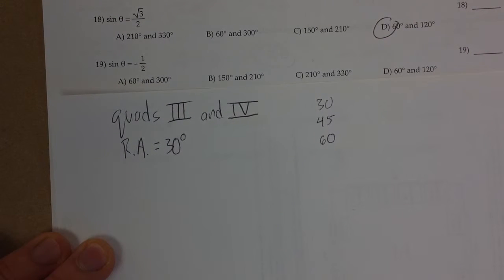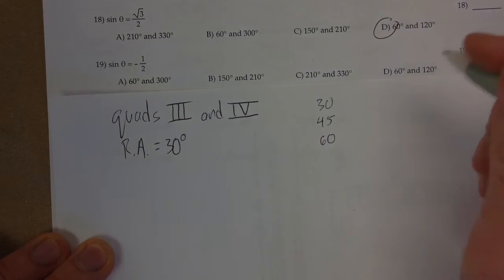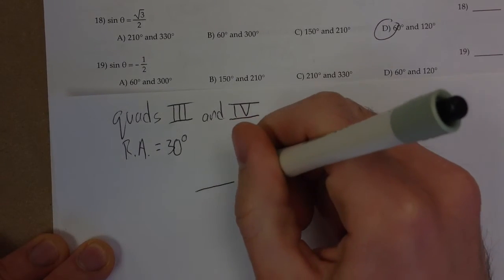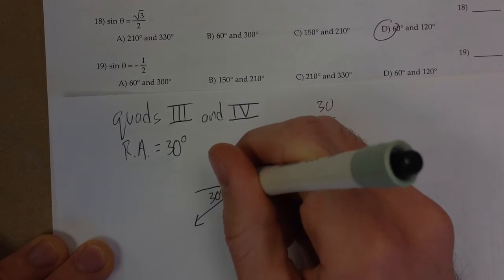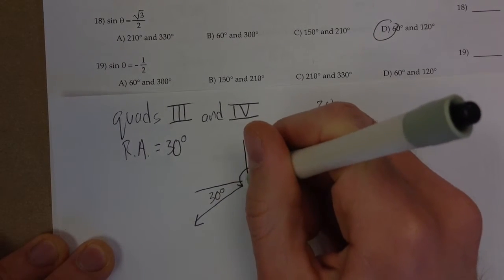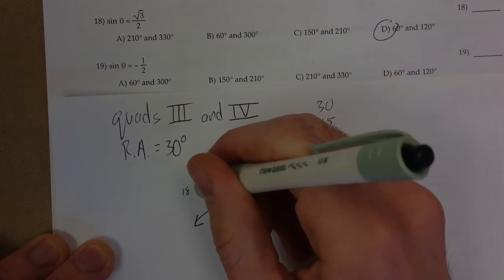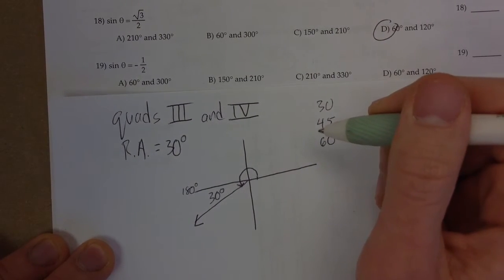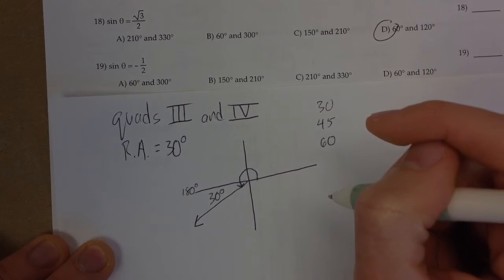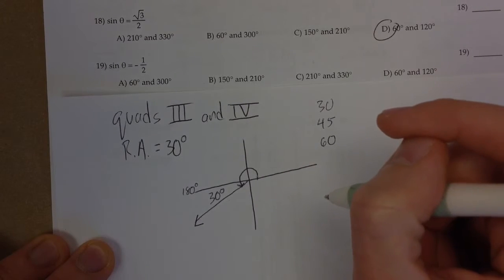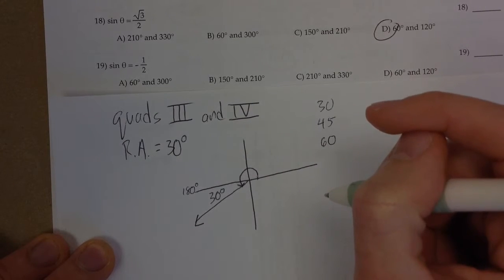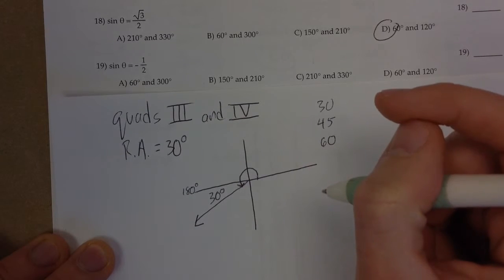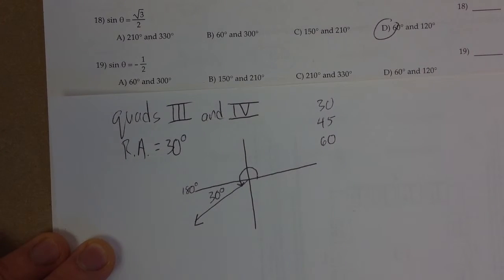Oh, third. So this is what's going on. You're 30 degrees away from the x-axis. That's 180, 210. Do you see how? 30 more than 180. Okay. So that's one of your answers.